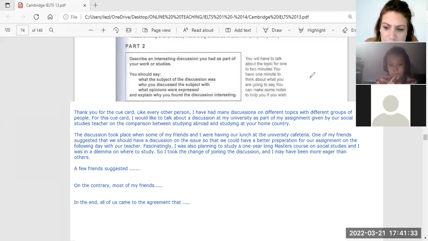For this cue card, I would like to talk about a discussion at my secondary school as part of my team project given by the principal of my school to create a project on a STEM holiday. On that occasion, our group chose to create a robot.